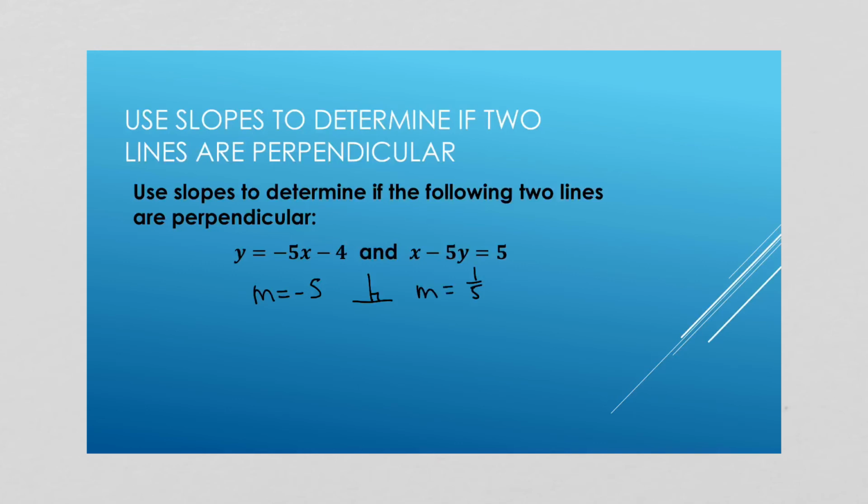Keep in mind, perpendicular lines have slopes that are opposites, so one is negative, one is positive, and then you flip-flop the top and the bottom. And this line is really written over 1. We just don't usually write that, but it is there. So one is positive, one is negative, and you flip-flop top and bottom. So that's the reciprocal part.